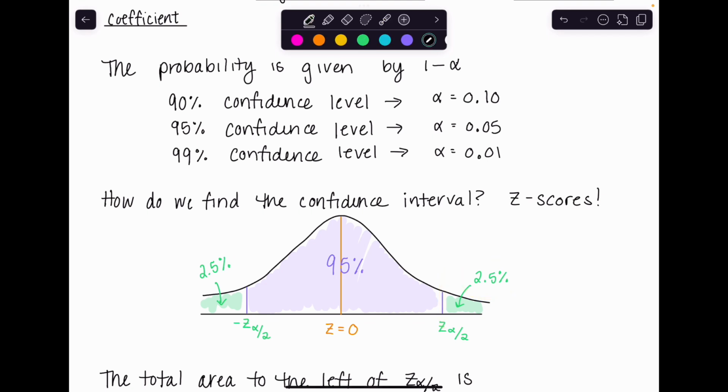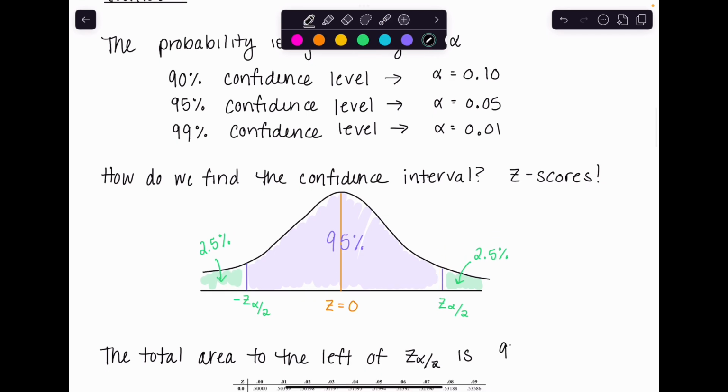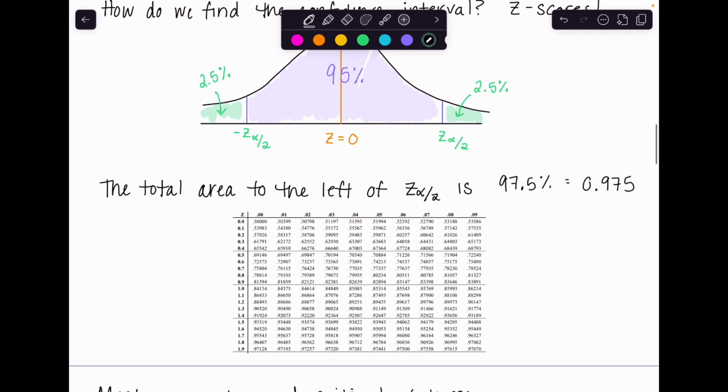So the area to the left is 97.5%, which is 0.975. So if I go into my z tables and I look for what z value will cut off my data so that 97.5% is to the left.